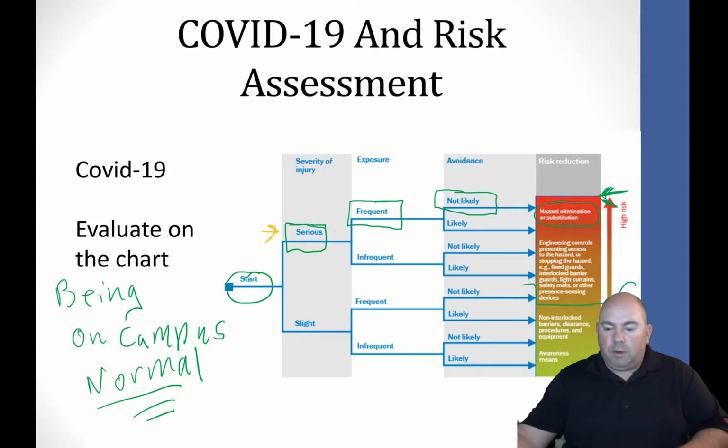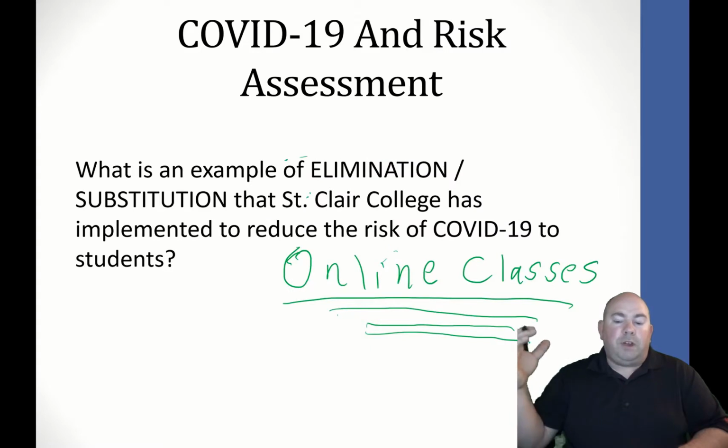What we can do is try to reduce your chance of avoidance, and change your exposure from frequent to infrequent. By going to online classes, you've definitely changed the exposure from frequent to infrequent, because this has drastically reduced the number of people you're in contact with in the course of a school day.